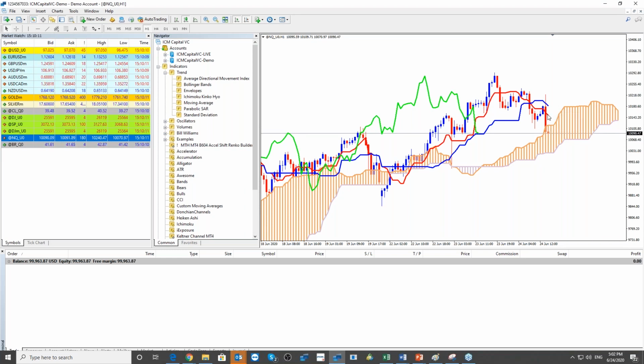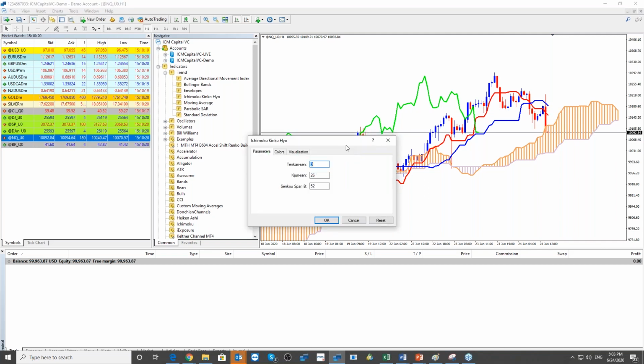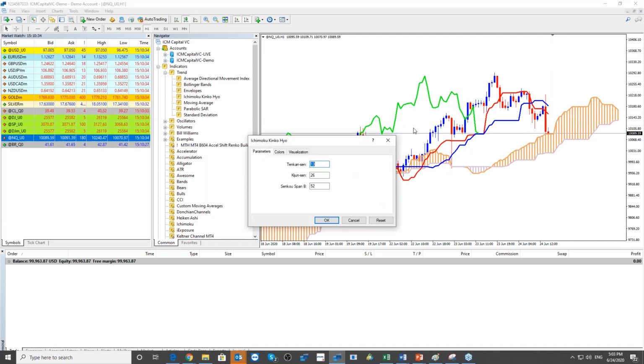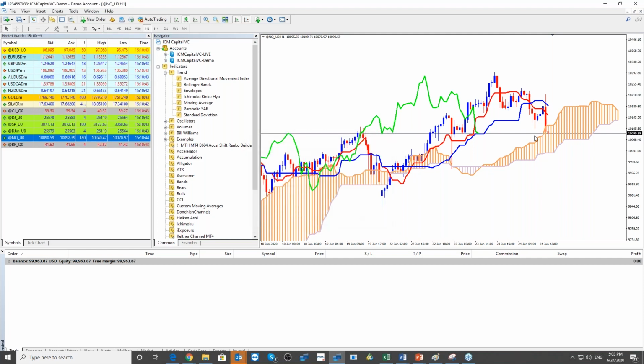So we have these two values, we take this value and the other value and divide them by 2, and we get the leading span A. So if I change the Tenkan Sen, and put it as 13, I will only notice a change for the leading span A and for the conversion line. If I take it back to 9, you'll notice the red line is moving, and the upper line here, which is almost orange, is also moving. So here it is back to this.